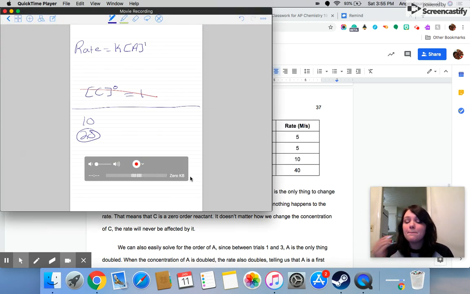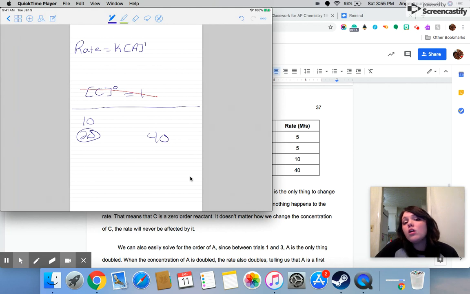So we know that B is not zero order, because if B were also zero order, then your rate would be 20 and you would be done, because it would have done exactly what it was supposed to do with regards to A, and nothing else would have happened. But that's not what we see. We see that not only has it doubled, it then doubled again. So the rate was doubled twice between trials 3 and 4.